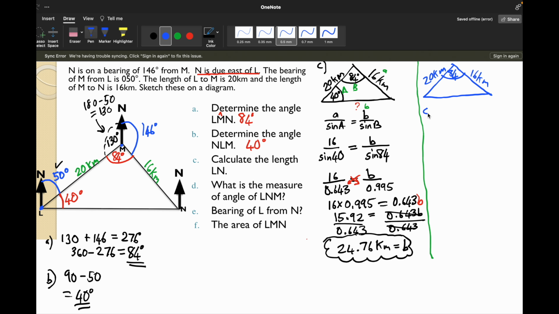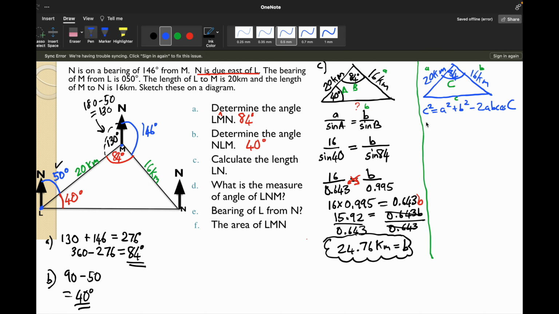So that means I could use c squared is equal to a squared plus b squared minus 2ab cosine C. Let me label these. So we got here capital C, and this here is a, b, right? So c is what we're looking for right here.